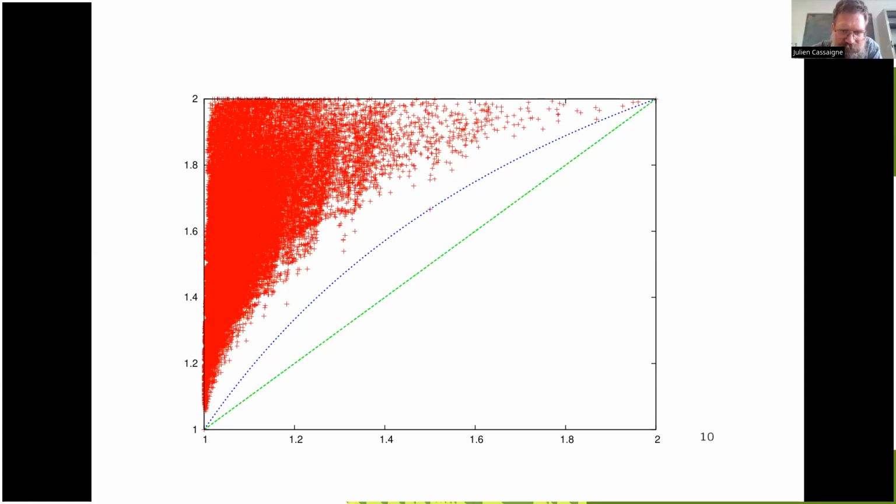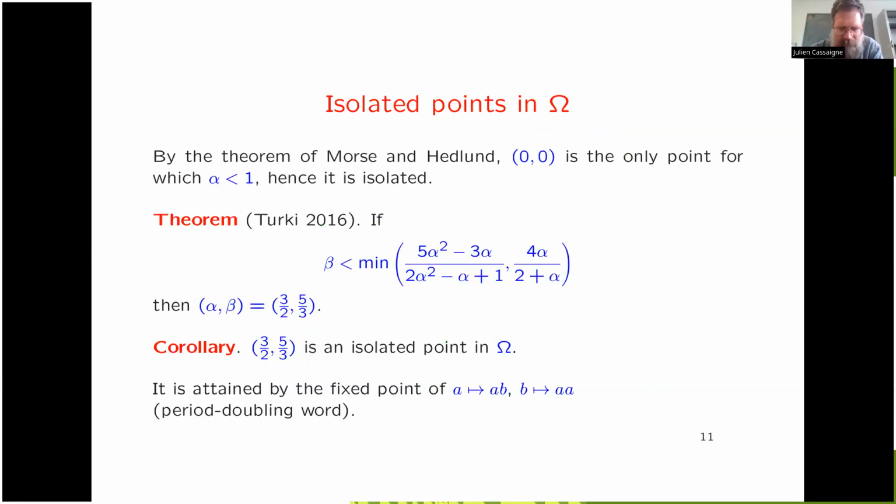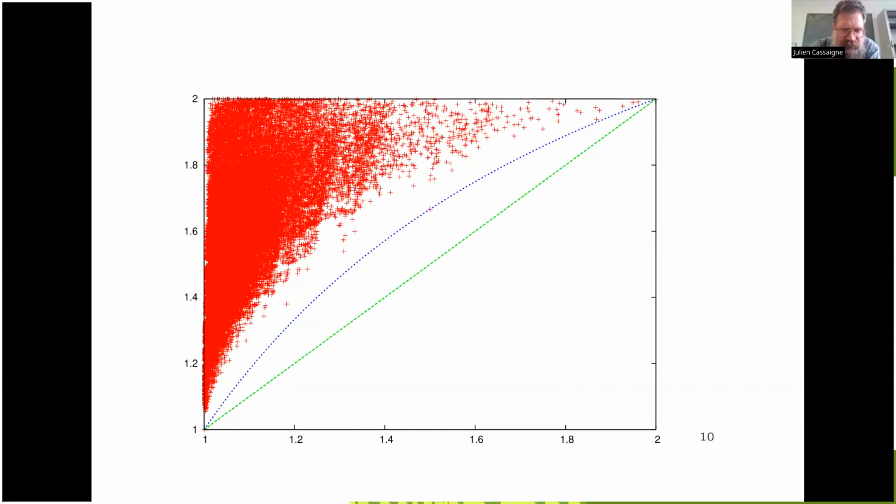So, interesting structure. Okay, so let's start with isolated points. Of course, 0, 0 is isolated, but it's not very interesting. So I'm really interested in isolated points in this subset of the spectrum.